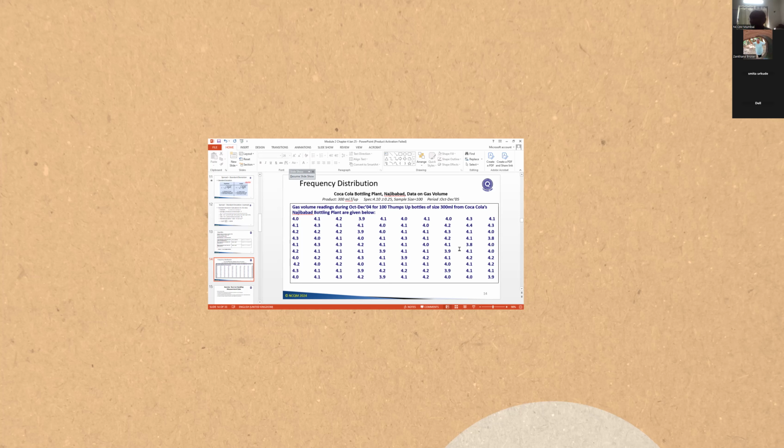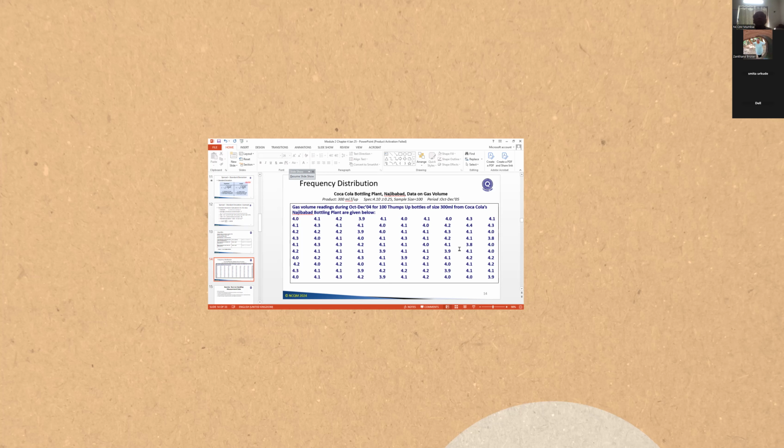Right? So we saw the mode is the one where the maximum number of observations are there. Correct? But if you want to understand the complete data, what is the type of variation within the data, this is the example taken from Coca-Cola bottling plant of Najibabad on data on gas volume.